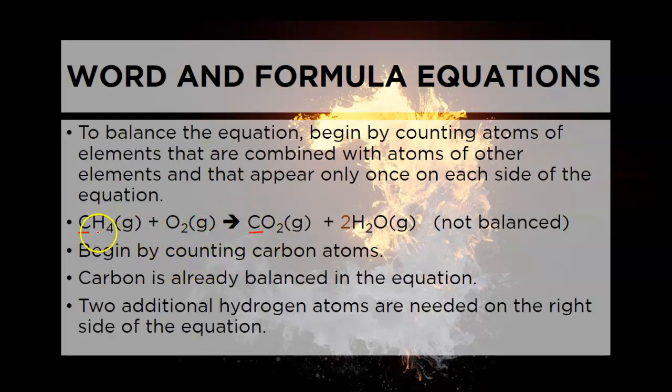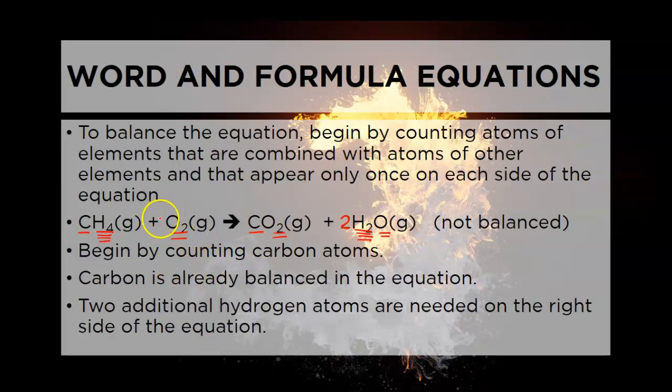Hydrogen, when I started, I had 4 hydrogens on this side, and only 2 on this side. So that tells me I have to double this. If I put this 2 here, now I have 4 hydrogens. I've got 2 oxygens on this side, and 2 oxygens on this side, but then this 2 gives me 2 more oxygens. So I've actually got 4 oxygens on the right side.